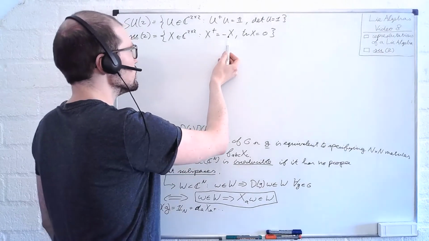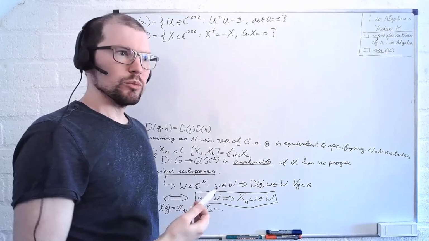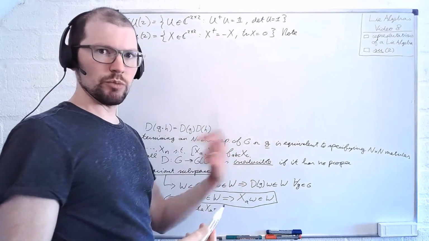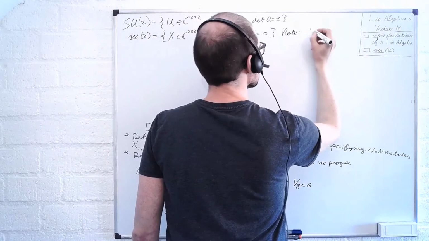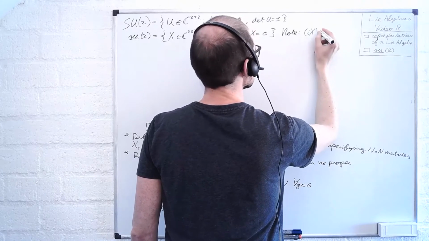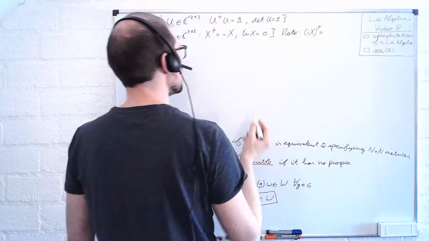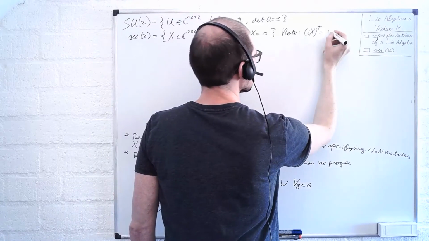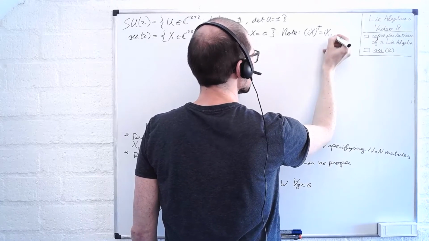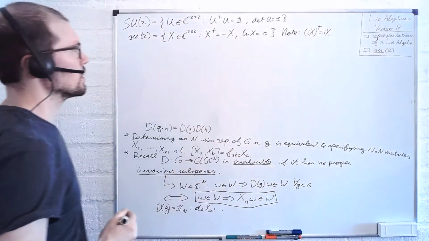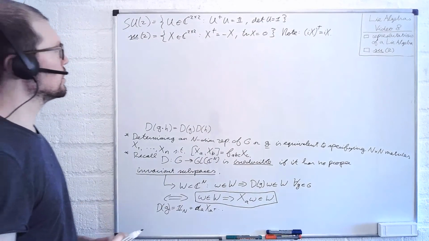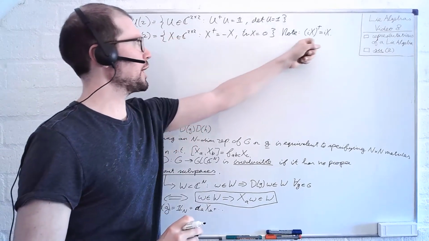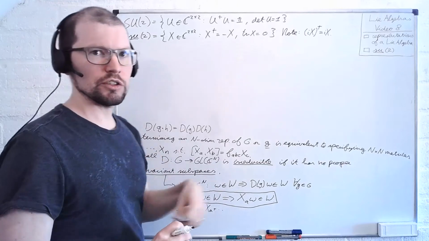Okay, so these are skew Hermitian, and we're more used to actually working with Hermitian matrices, but note that we can get the Hermitian matrix just by multiplying by i, right? If I take i times x dagger, I get a minus sign for the x dagger, but another minus sign from the i in front. So this is just i of x. So up to overall multiplication of all these matrices by i, I'm really looking at Hermitian traceless matrices.